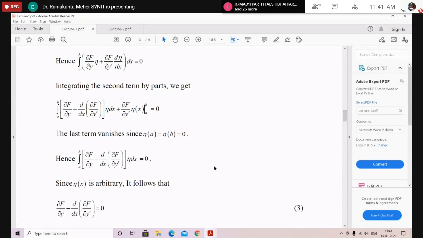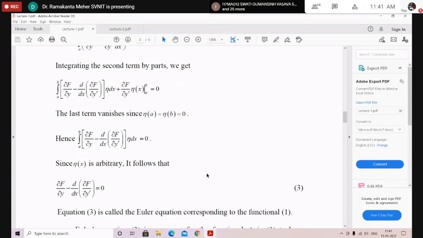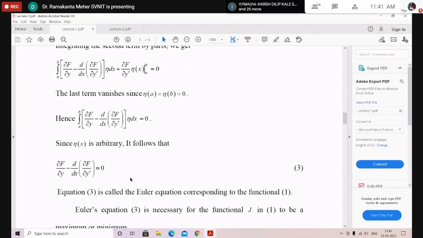Here we considered only one dependent variable and the first-order derivative of the dependent variable, that is f of x, y, y dash dx, and for that we derived this Euler equation, which gives the extremals.